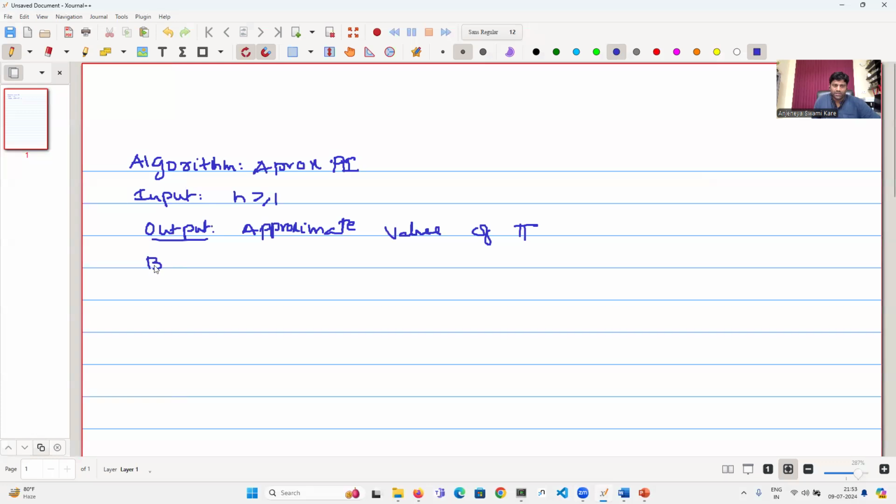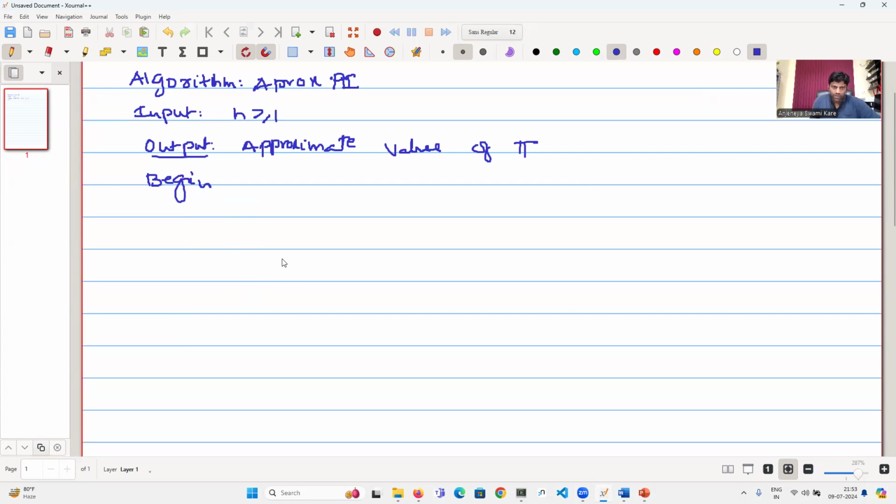Begin. Input validation: if n is less than or equal to 0, then output invalid input, and stop the algorithm.